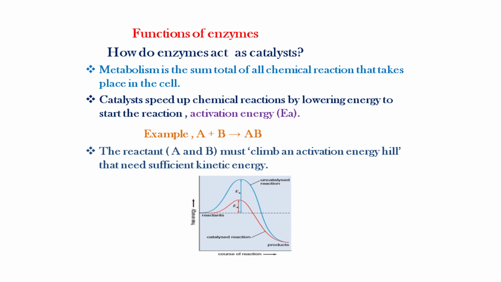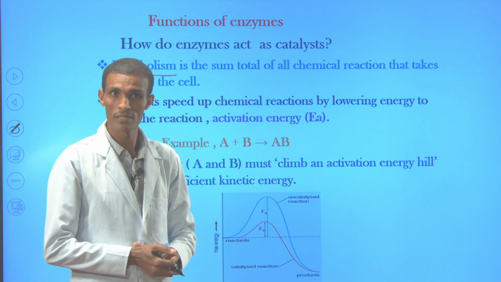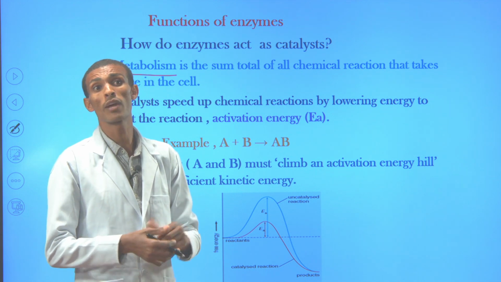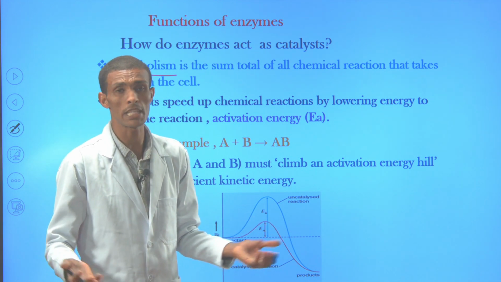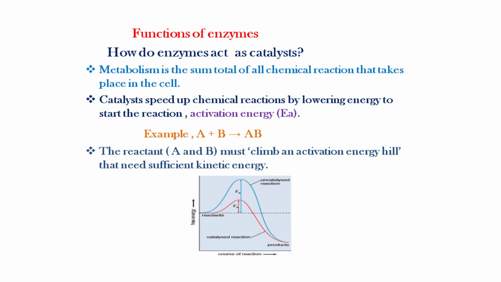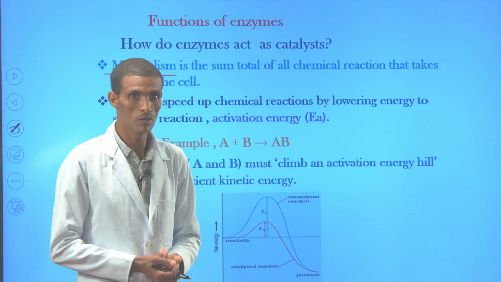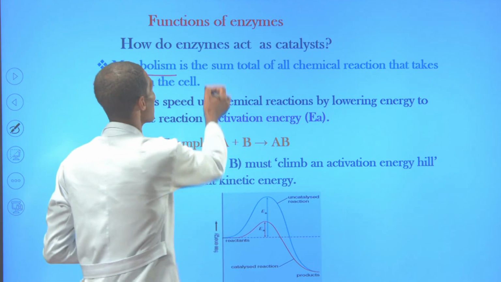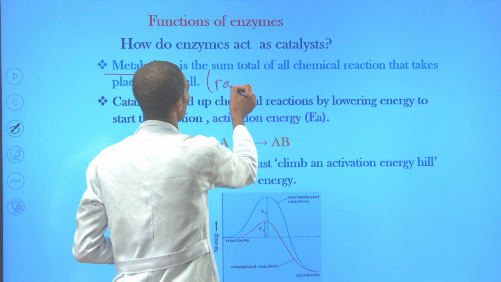Enzymes are very important in metabolism, speeding up the sum total of reactions that take place in life. Students, it doesn't mean that chemical reactions cannot take place in the absence of enzymes. Reactions can take place in the absence of enzymes, but the rate becomes slow. The main aim of an enzyme is to speed up the rate.